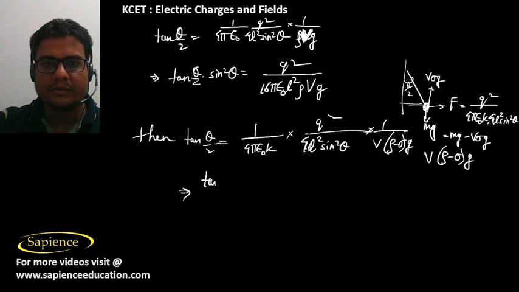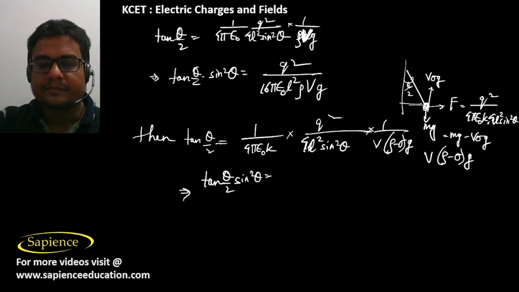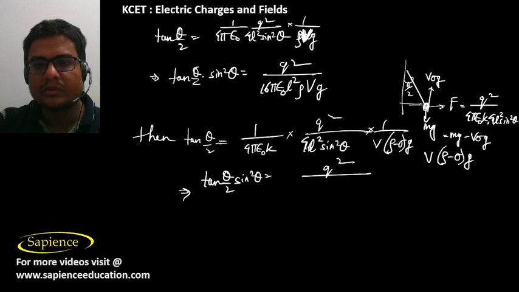It means from here we can see that tan theta by 2 sine square theta is also equal to q square by 16 pi epsilon naught l square into k into v into (rho minus sigma) into g.